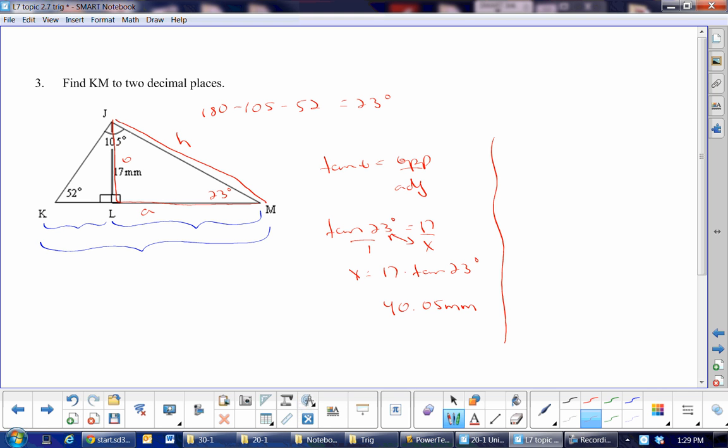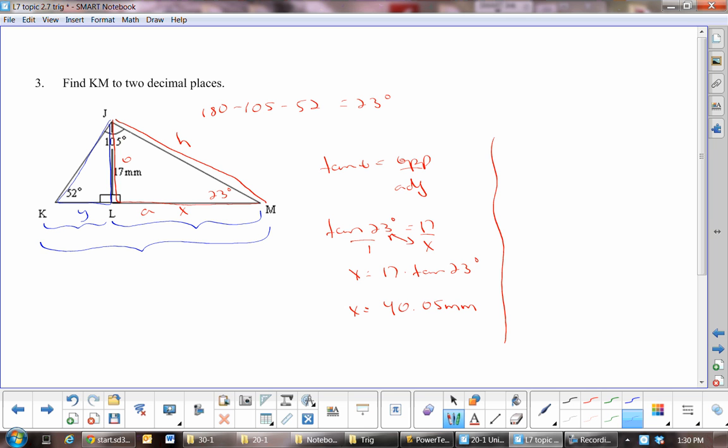Okay. Now, let's find out the blue. Okay. So, if we call this x, okay, then we could say x equals. Let's call this one y, and we'll do the blue triangle in blue.